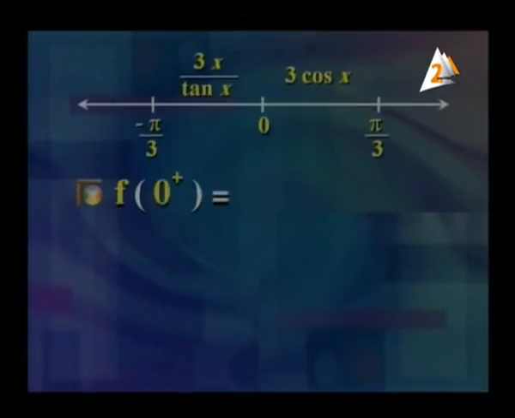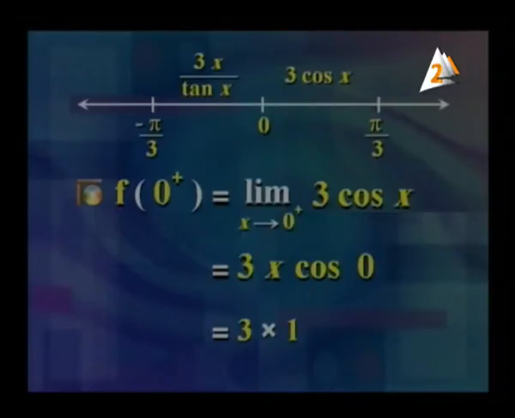Number 2, f of 0 positive. In this case, dear student, when we find the limit of f of x when x tends to 0, we must find f of 0 positive and f of 0 negative. If f of 0 positive equals f of 0 negative, then the limit of f at 0 exists.